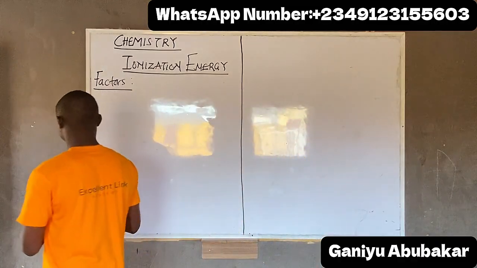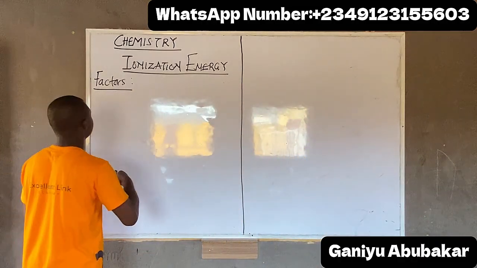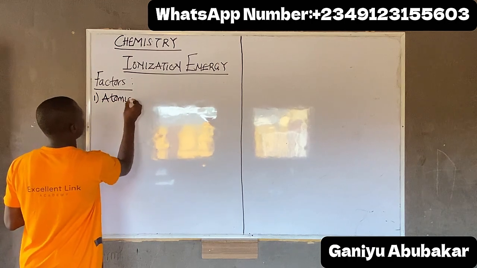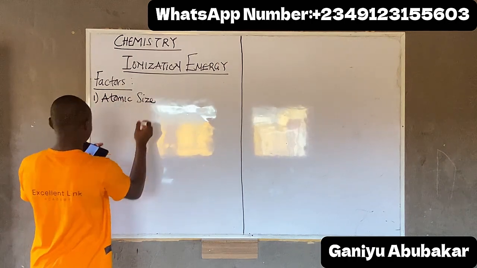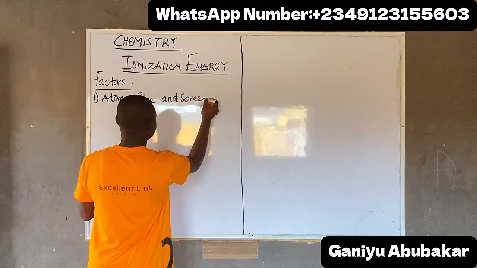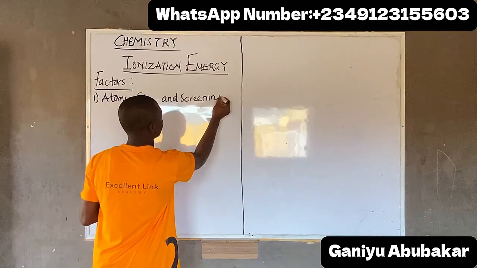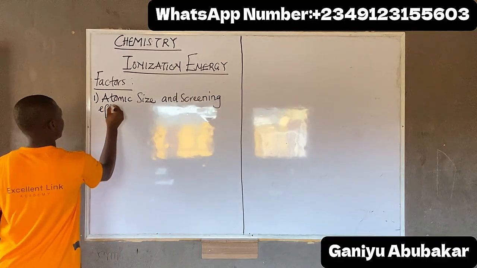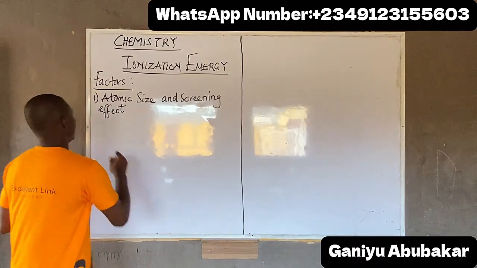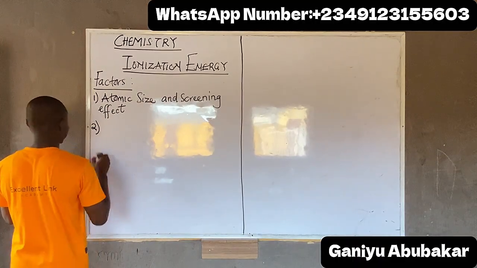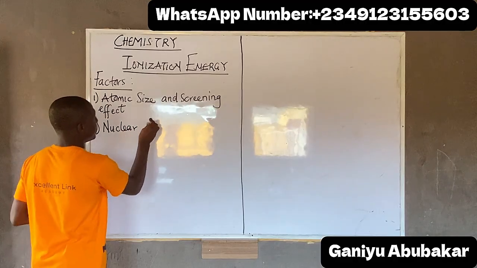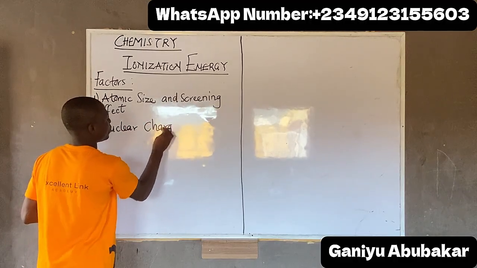The first one is called the atomic size and screening effect. This is your first factor that affects IE. Number two, the second factor, is nuclear charge.